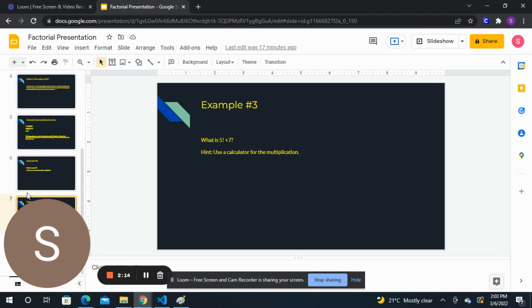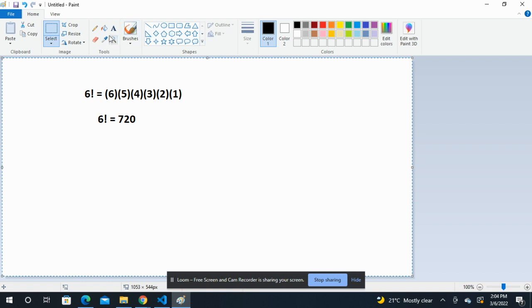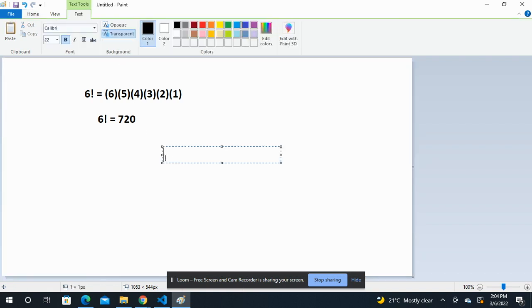Alright, we will go to the next example. It is asking, what is 5 factorial plus 7? The first step is we have to find what 5 factorial is, which is equal to 5 times 4 times 3 times 2 times 1.